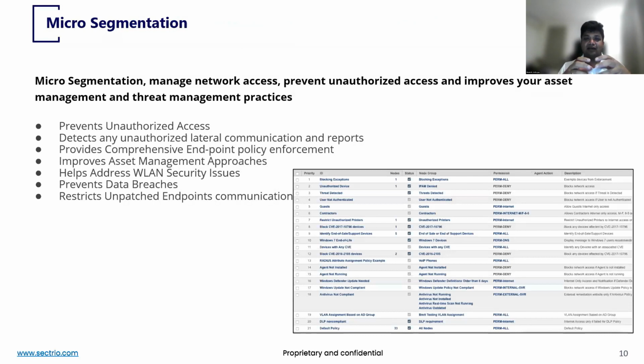So the microsegmentation solution that Sectrio has built basically allows you to manage access, prevent any kind of unauthorized access, detect any lateral communications which are not authorized, and report it as part of the Sectrio Hub, which gives a complete view on what is the impacted asset, what is the type of lateral communication that has happened, and a history of events which led to that lateral communication can also be tracked using the microsegmentation module.